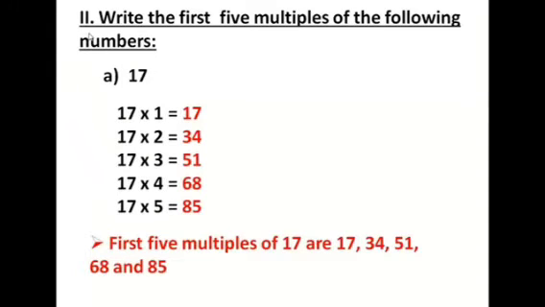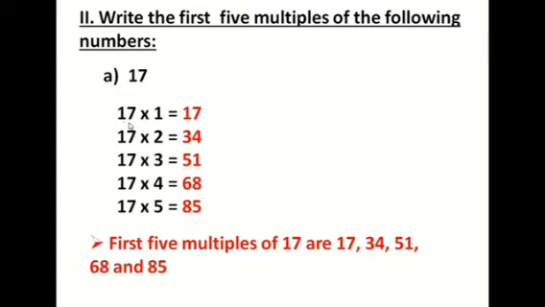Second main, write the first 5 multiples of the following numbers. Question number A, 17. So you have to find out the first 5 multiples. What you will do? Take the number, multiply with 1, 2, 3, 4, 5, get the product, and those products also will be the multiples of that number.